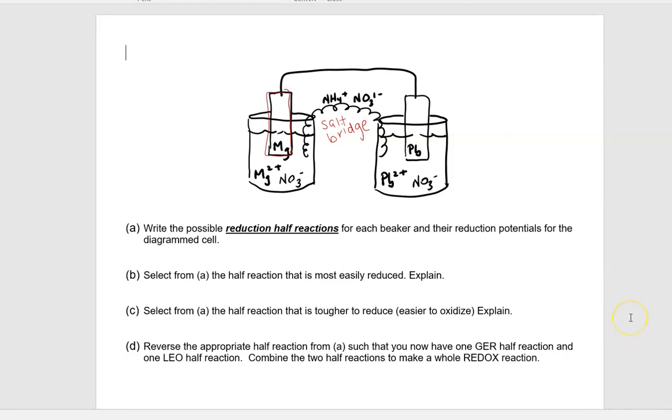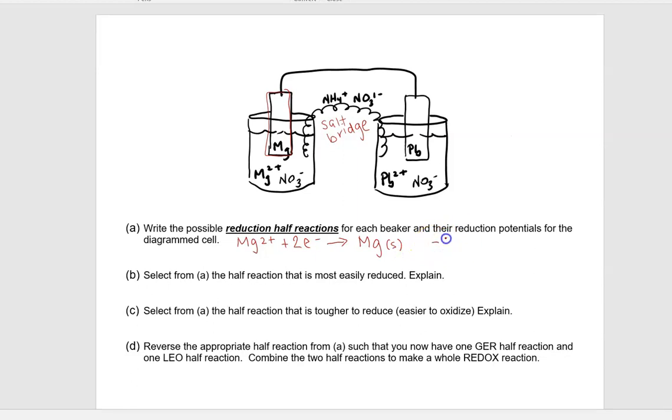Let me erase that side here. All right, so it says write the possible reduction half reactions. You can get these directly from your sheets. So I'm going to write these down. Mg2+ plus your 2 electrons, again from your sheet that you have, yields magnesium solid.